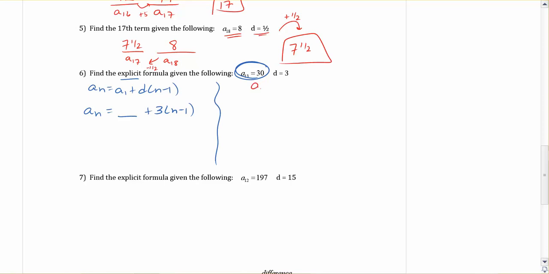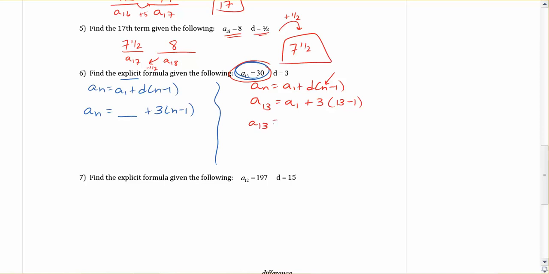I'm going to write the explicit formula again. But what I'm going to do is use that A13 is 30, meaning whenever I see an n, I'm going to plug in a 13 because I'm looking at the 13th term, A13. I don't know what my first term is. My common difference is 3. But now I know if I'm doing A13, that 13 is really what my n stands for.